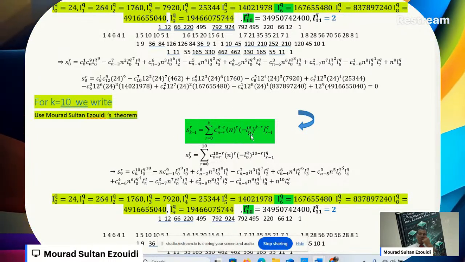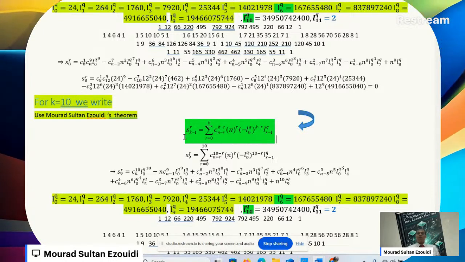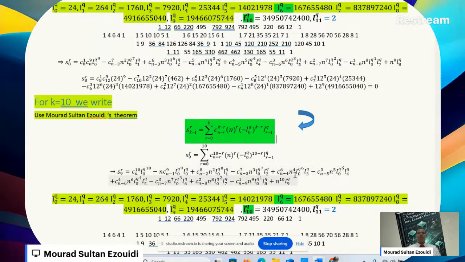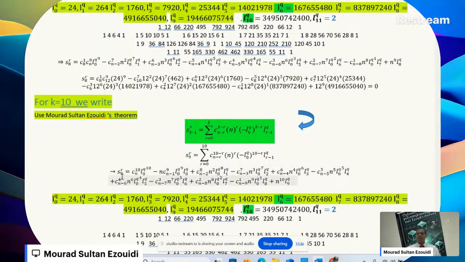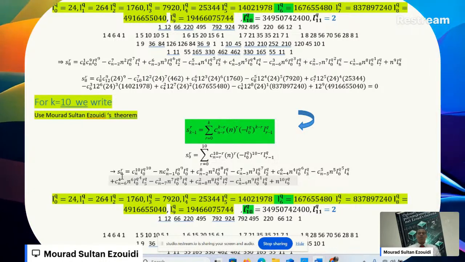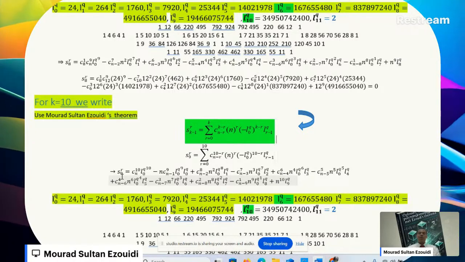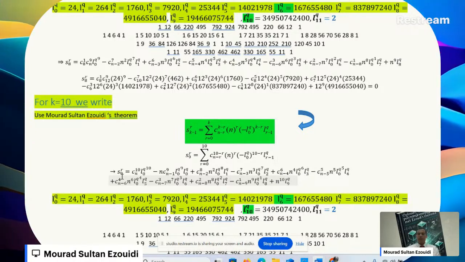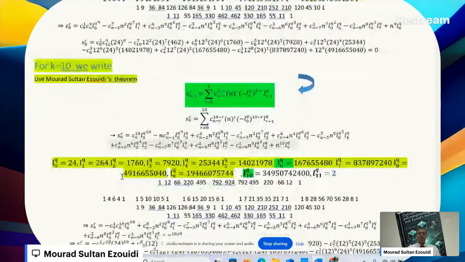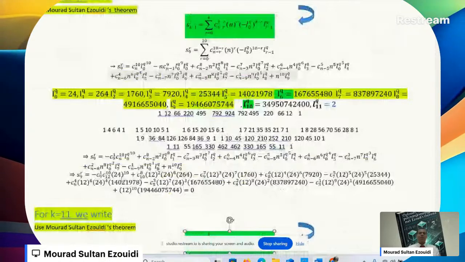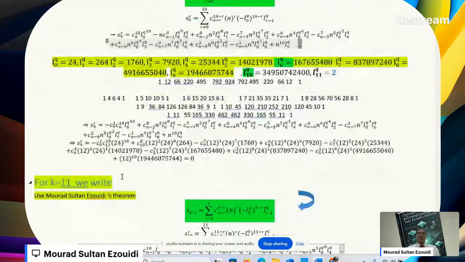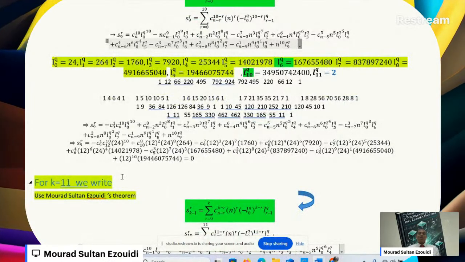You can change the values here, for example, and so on. Here I'm going to substitute in the formula, S subscript minus LR, the value of LR minus 1, the Q, the highest power 12, and the binomial coefficient. Here we calculate this, and we find the value of S9 by exact calculation. This is the value of S9.